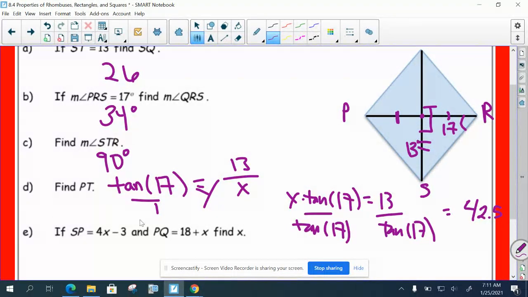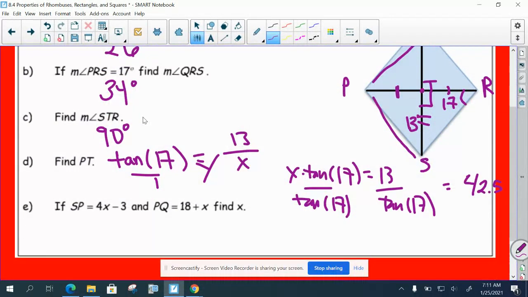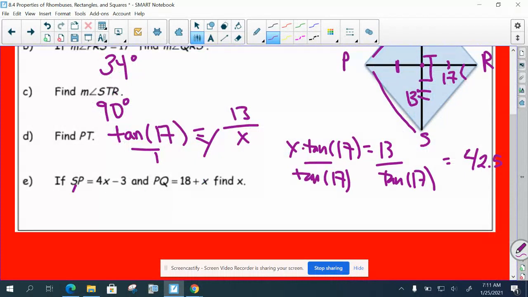Then, if SP is 4x minus 3, which is this side here, and PQ is 18 plus x, all four sides are congruent, so we set these two equal. 4x minus 3 equals 18 plus x. Move your terms over: 3x equals 21, x equals 7.